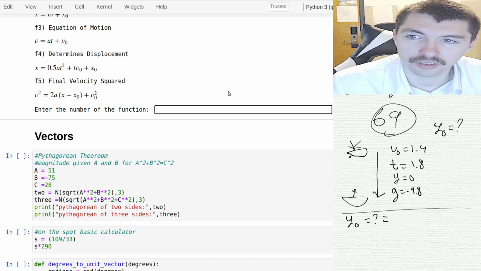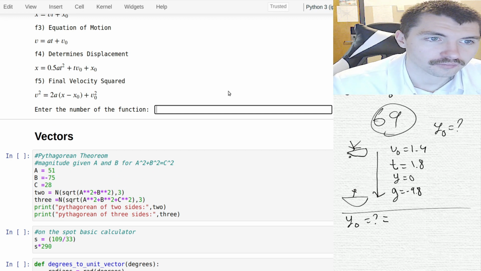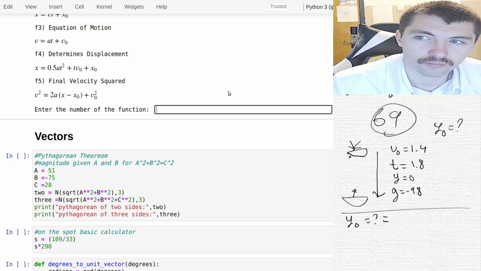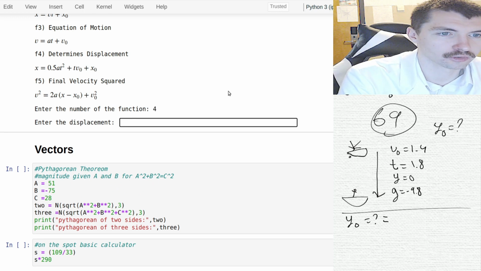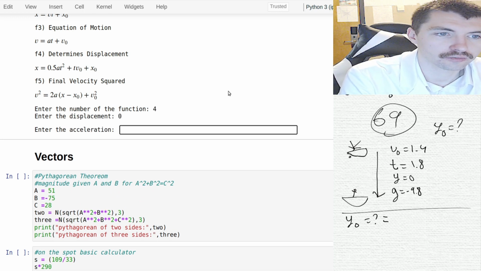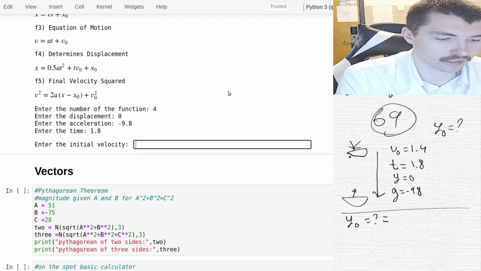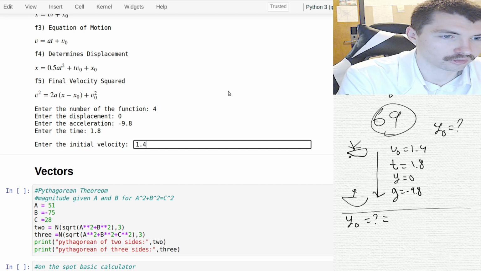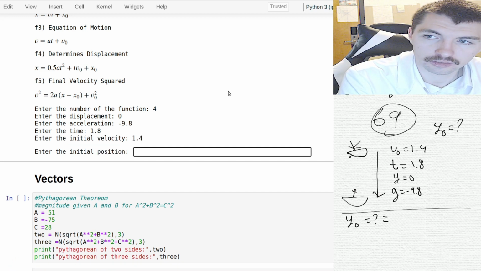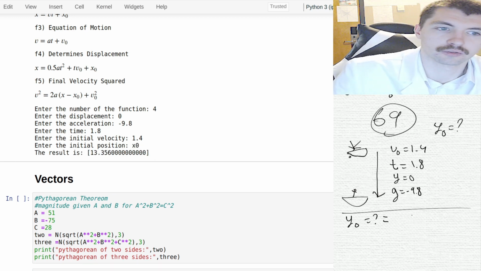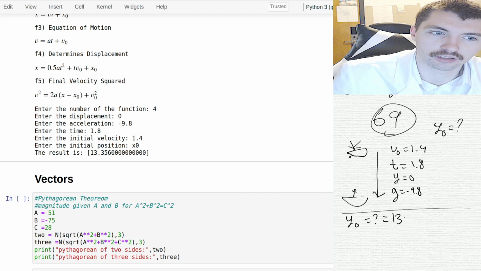So I'm probably using equation 4. Okay, so we're going to use equation 4. 0, negative 9.8, 1.8, 1.4, initial position. That is x naught. So I'm guessing the helicopter is 13.4 meters high.